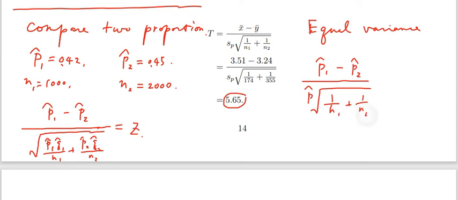Oh, I'm sorry, here it's sigma, so there's P hat, Q hat. So what is P hat? What is Q hat? Here P is the pooled, the pooled variance or pooled standard deviation or pooled percentage or pooled proportion.